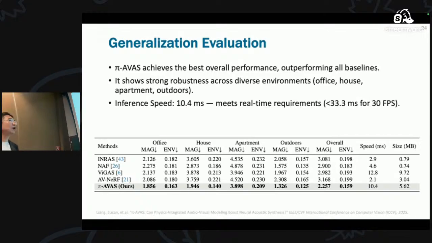I won't go into the detail of those metrics, but the lower the better in terms of measuring the sound quality. AV-NeRF is the previous method we came up with, and this pi AVAS, evaluated in this new setup, gets much better performance. Okay, in terms of speed, this is slightly higher than AV-NeRF, but it still meets the real-time requirement.